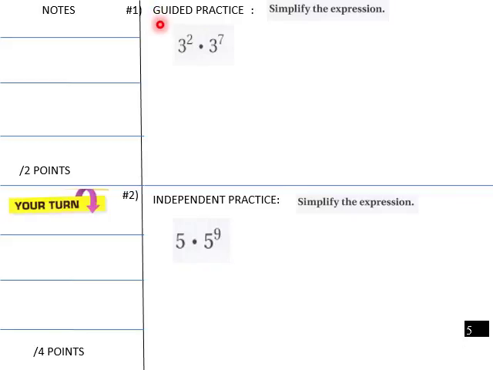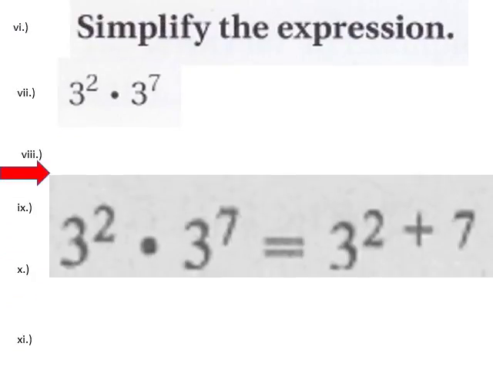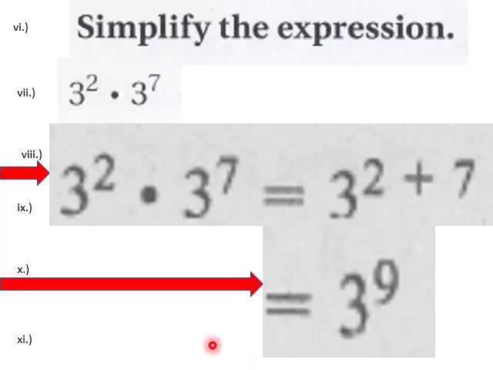Our first guided practice here, page 5 on your worksheet, students: 3 squared times 3 to the 7th. And then your independent practice is down here. For this one, we add our exponents, and we get 3 to the 2nd plus 7th, which equals 3 to the 9th.